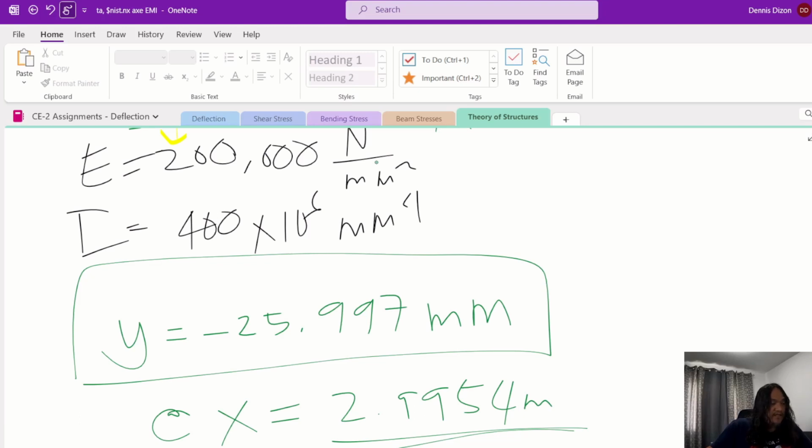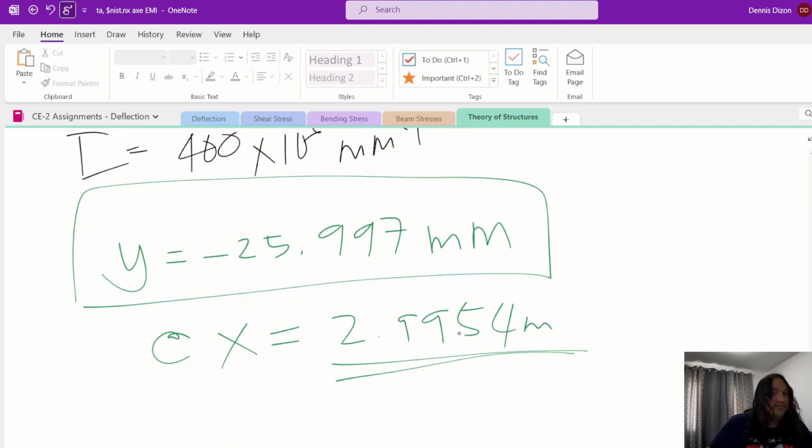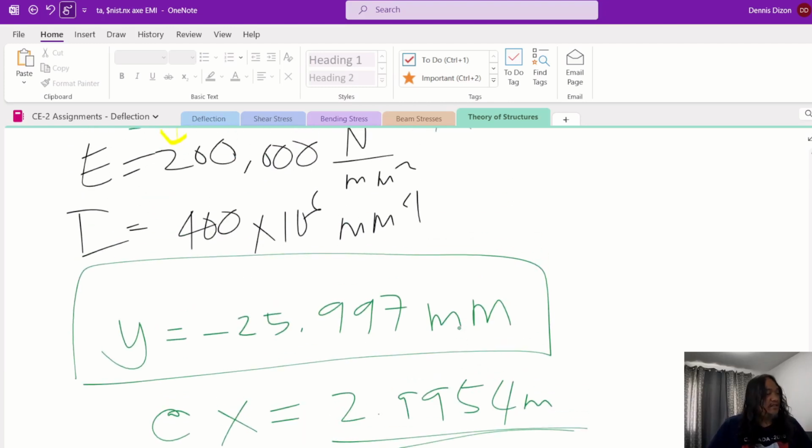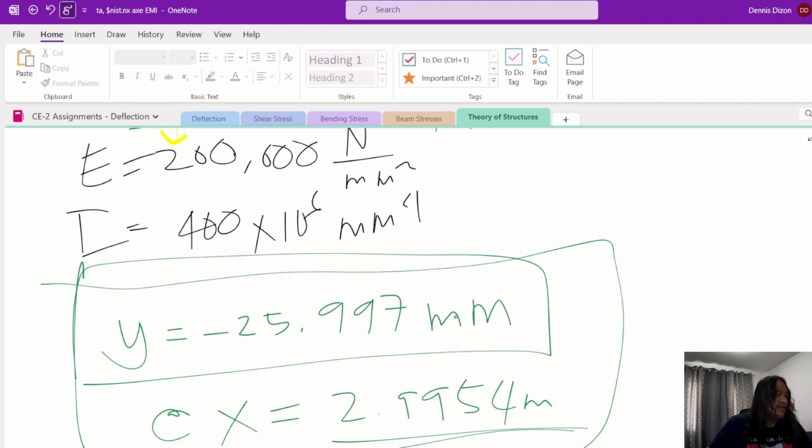The only way to check is if we have the choices, because sometimes we make mistakes in calculating C1 and C2, but that is the correct procedure. So assuming our C1 and C2 are correct, our answer is a deflection of 25.997 millimeter at x equal to 2.9954 meters from the free end.